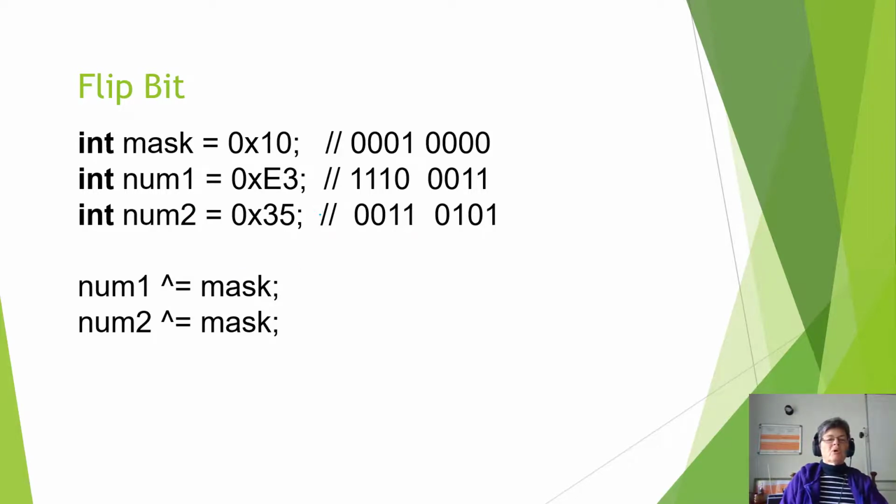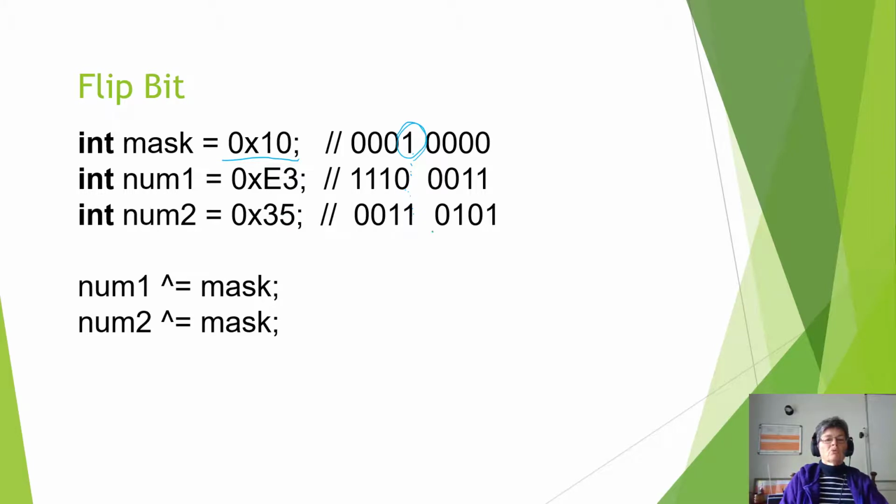So if we have this mask, mask is 0, 1, 0x10, that means that on this position here, whatever is there with the other byte I'm using, it will be flipped. So if there was a 0 and we do an exclusive OR, then 1 exclusive OR 0 will become a 1.